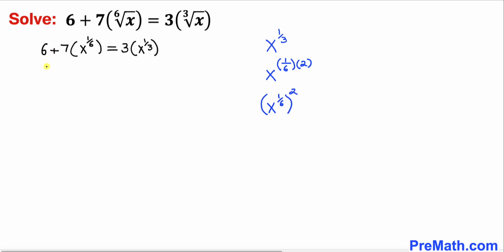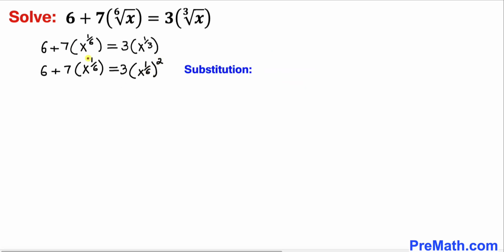So this equation could be written as 6 plus 7 times x power 1 over 6 equals 3 times, I'm going to replace this part by this one, x power 1 over 6 whole squared. Now we can see that x power 1 over 6 and x power 1 over 6 are in common.